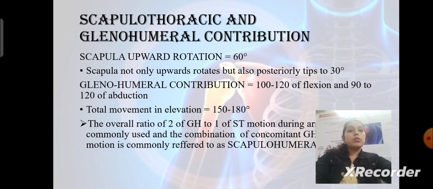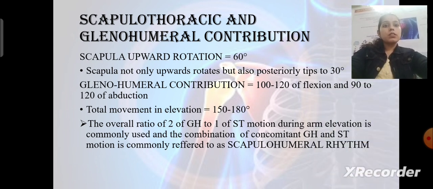Now, scapulothoracic and glenohumeral contribution in range of motion of the shoulder joint. Scapular upward rotation is equal to 60 degrees, and the scapula not only rotates upward but also tips posteriorly to 30 degrees.